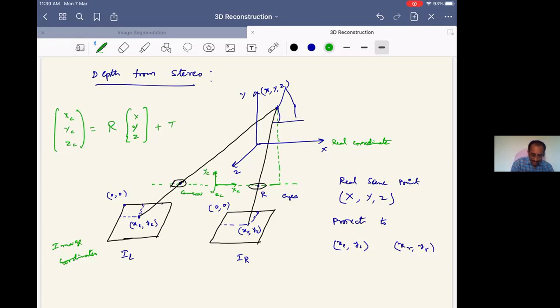And then when we come to the image coordinate system, you have one coordinate system for the left image coordinates, XY, and another for the right image coordinates, again XY. These small xy are related to capital XC, YC, ZC through a camera matrix.